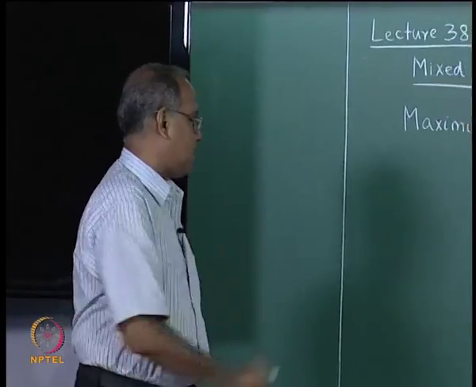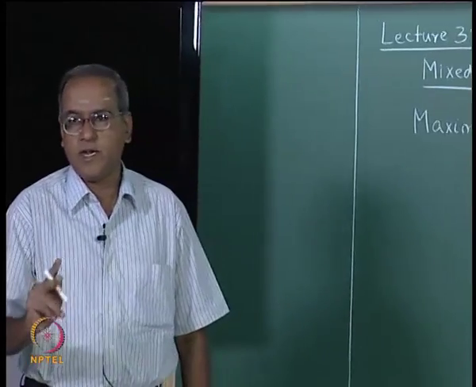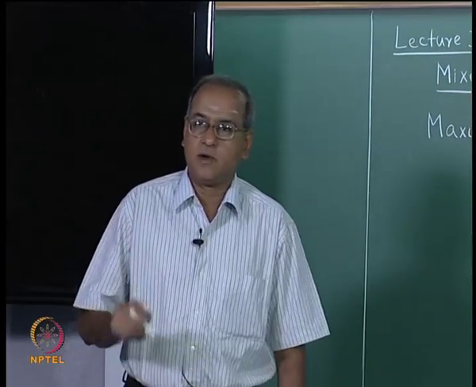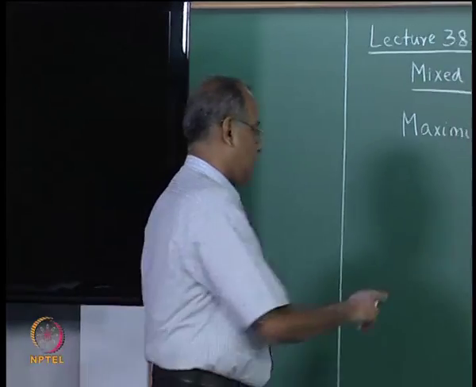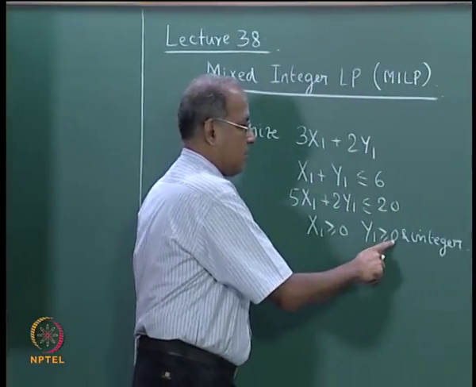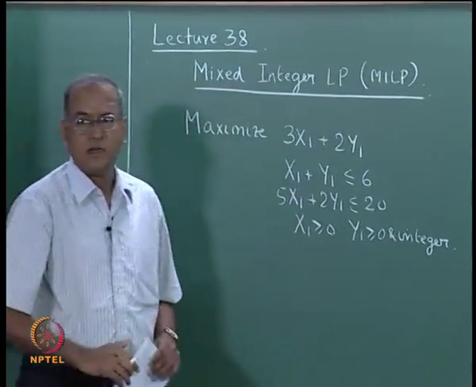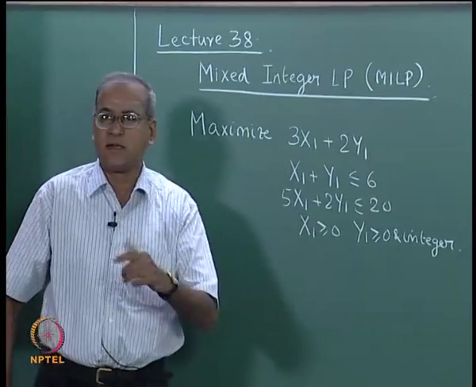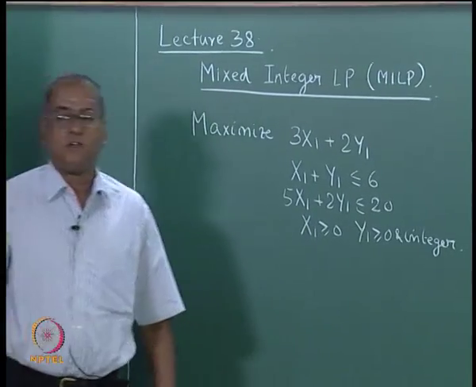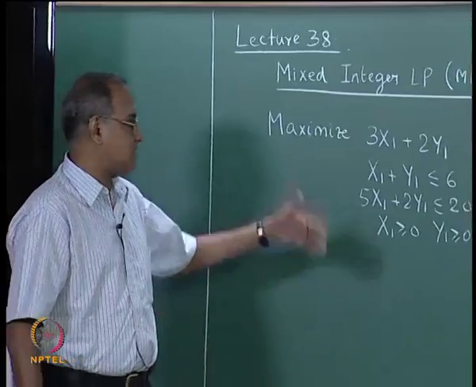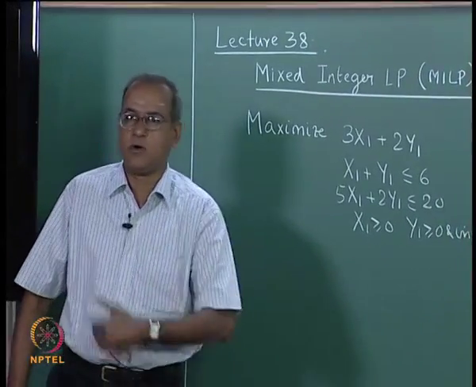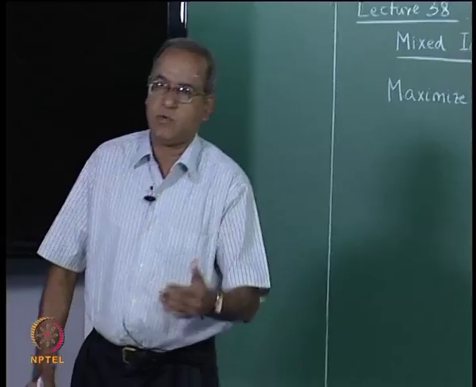In this particular example we have two variables, one of which should take only integer value, which is y1. So, y1 greater than or equal to 0 and integer. The other variable x1 can take continuous values. If we had more than one x variable, then we use x1, x2 and so on. Similarly, we use y1, y2 and so on.